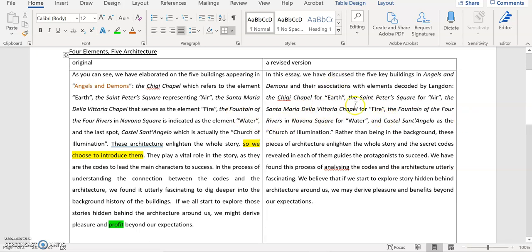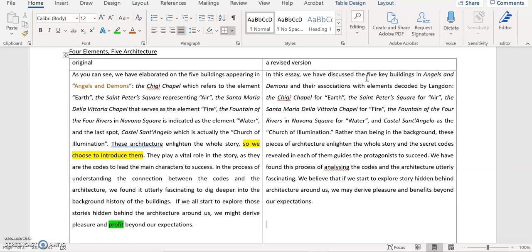Okay, so if I look at my sentence, first of all, I started with in this essay we have discussed. So I didn't mean that elaborated on is wrong, but I feel that discuss is a much better word here because I didn't actually elaborate on the buildings.